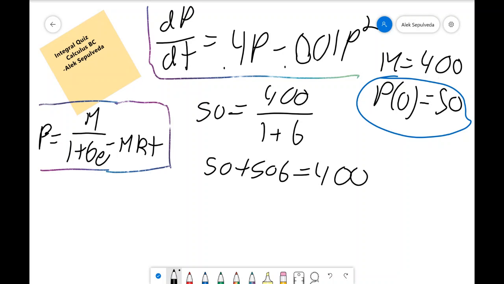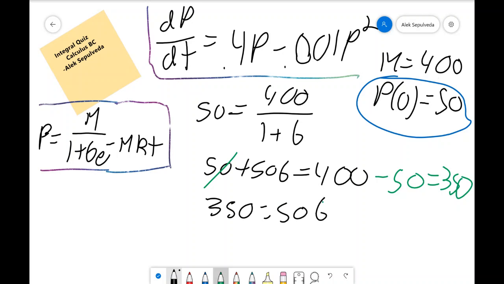Then subtract 50, so 400 minus 50 is 350. So we have 350 is equal to 50B. Divide each side, so B equals 7. Let's put that to the side.